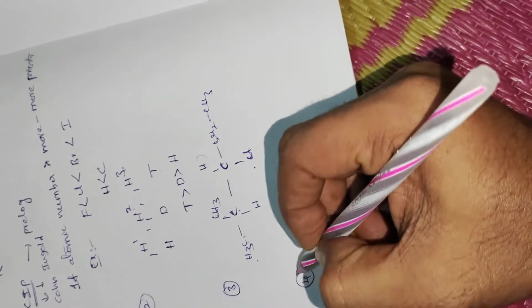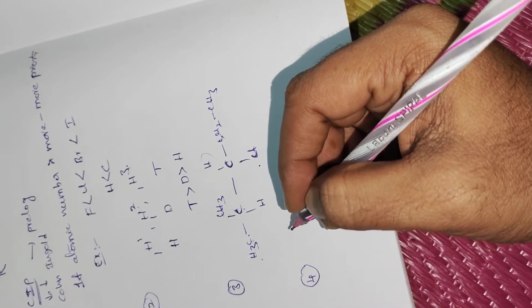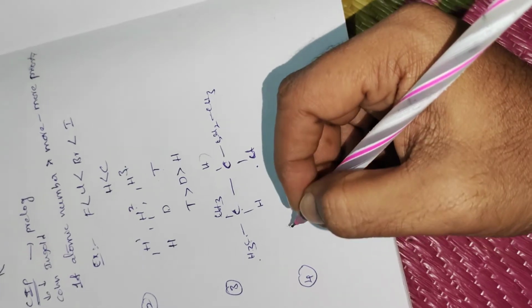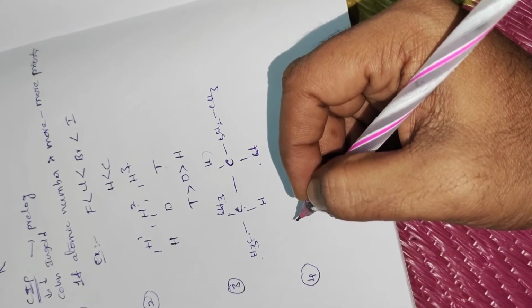Next, rule number 4: double bond and triple bond. Both atoms are considered to be duplicated or triplicated.